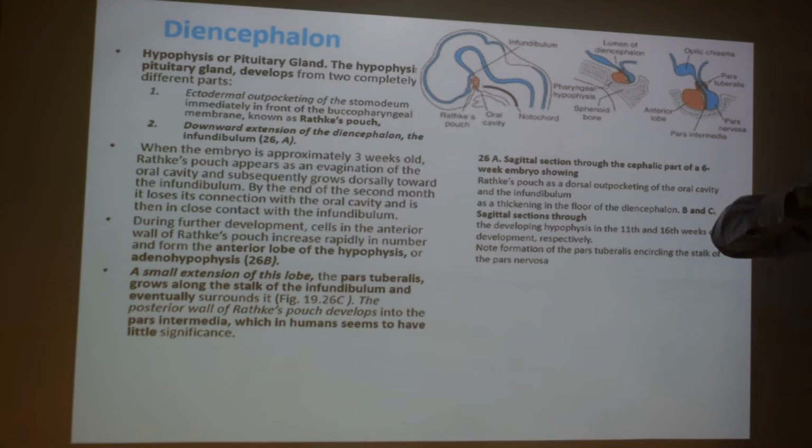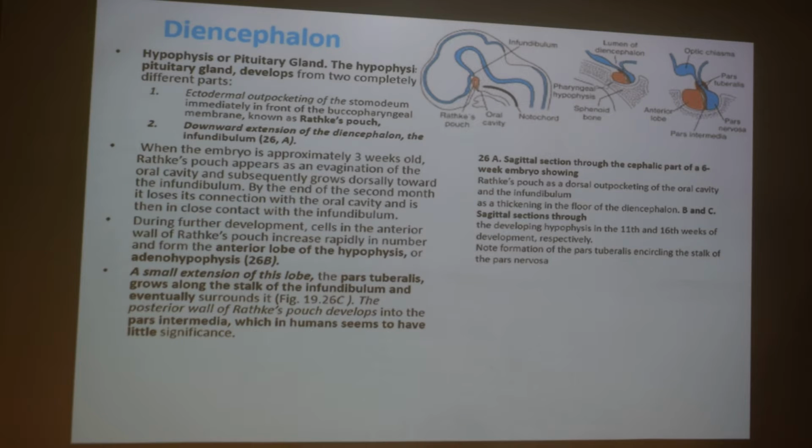Posterior pituitary is going to be formed by the diverticulum from the diencephalon, or from the floor of the hypothalamus. There would be an infundibulum or the stalk, which is going to go down, and the anterior pituitary is going to come out from Rathke's pouch, which is the ectoderm around the oral cavity, which is going to go up, and it is going to give rise to the anterior pituitary.